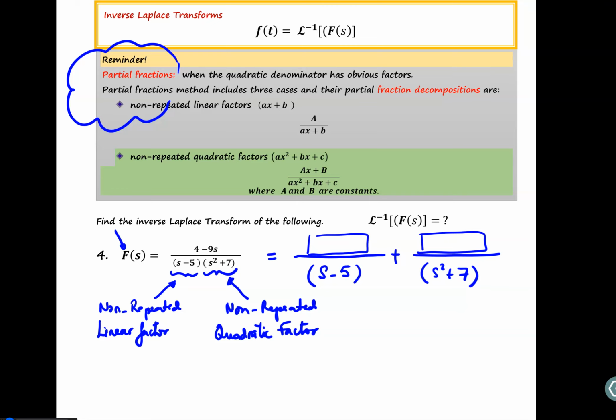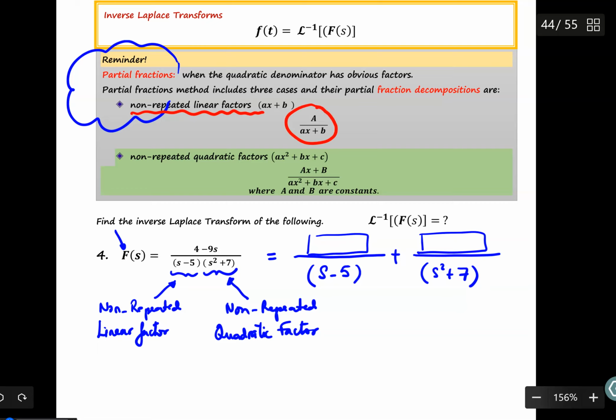If we have a non-repeated linear factor, then I must have the fraction in this form. I should have just the constant A as the numerator. If I have a non-repeated quadratic factor, then my numerator must have two variables. In this case, I already used A, so I will write Bs plus C.